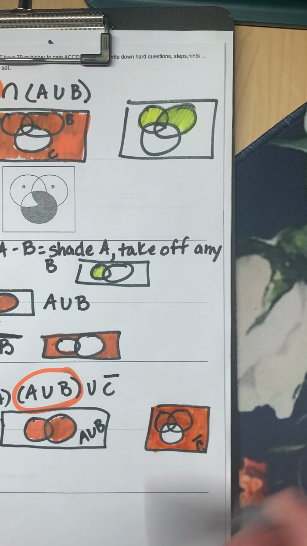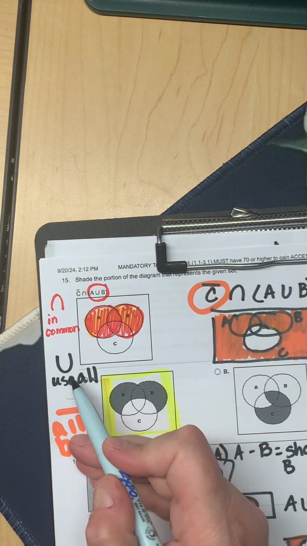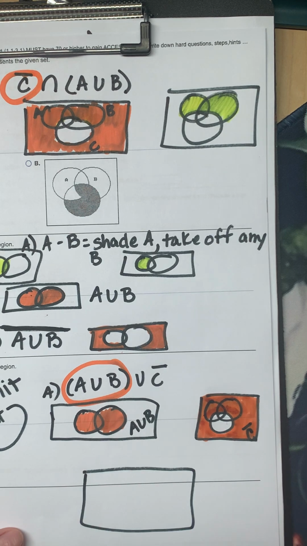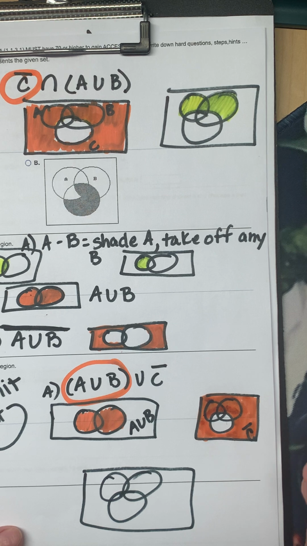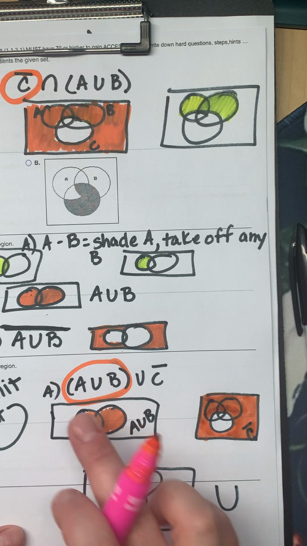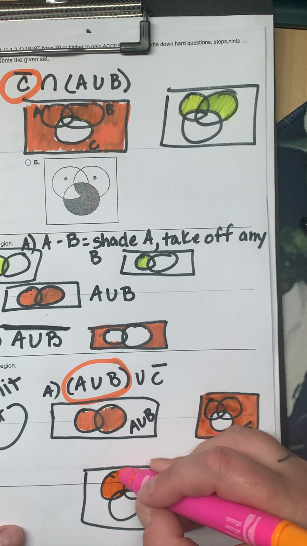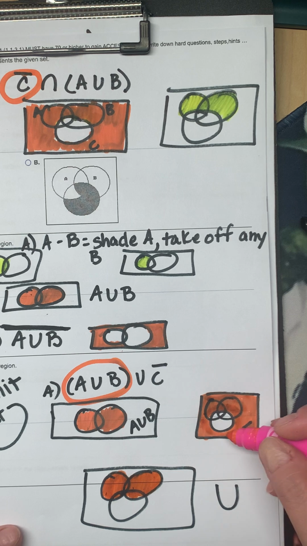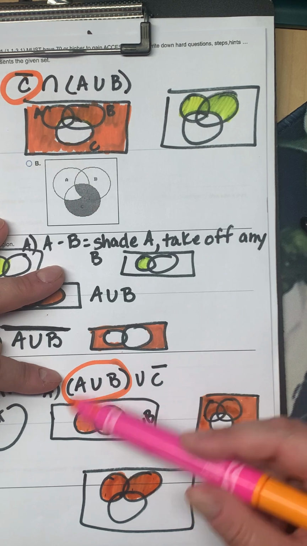Now, we're going to union them. Union means use everything. So for my final answer, I'm going to use everything from the A and the B from this first picture. Then union still means everything. So I wrote everything from my first picture.